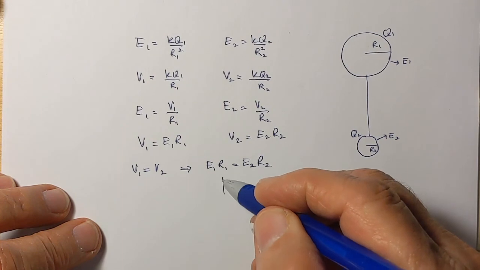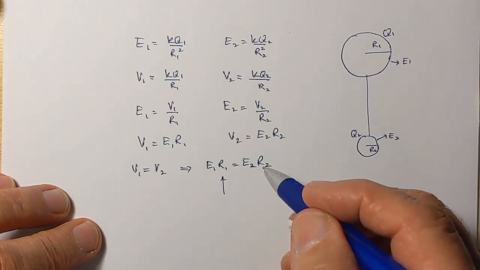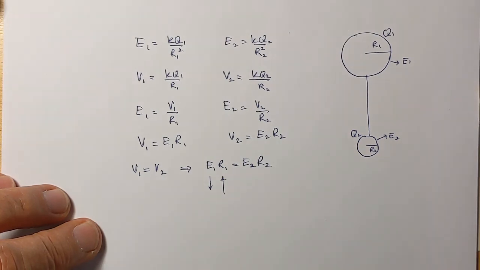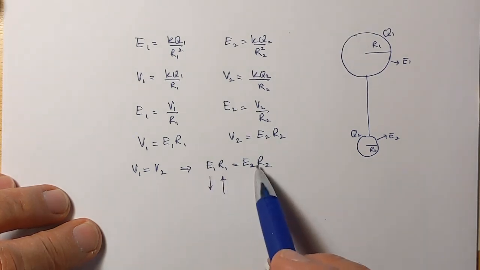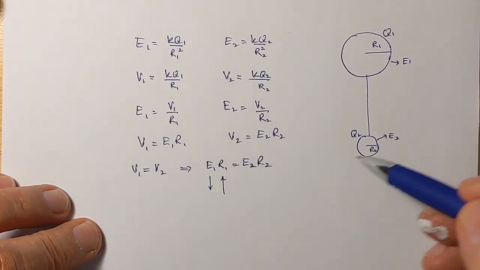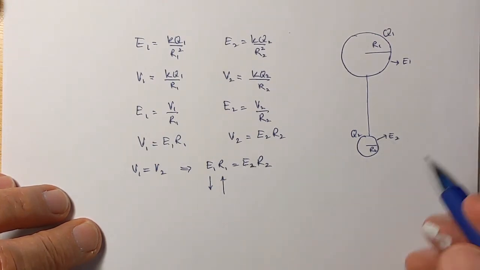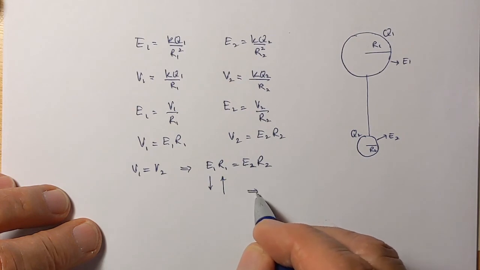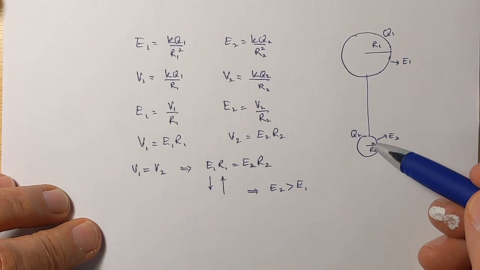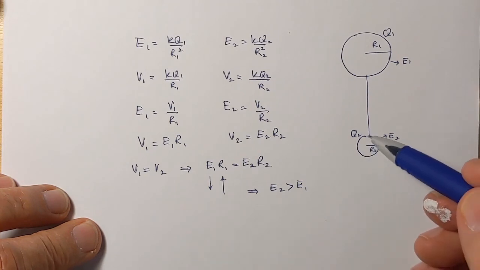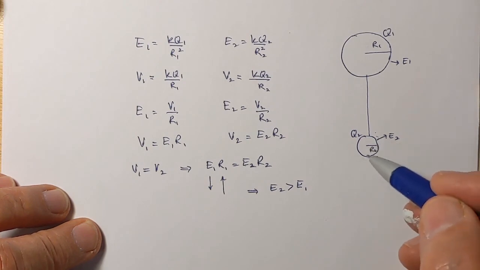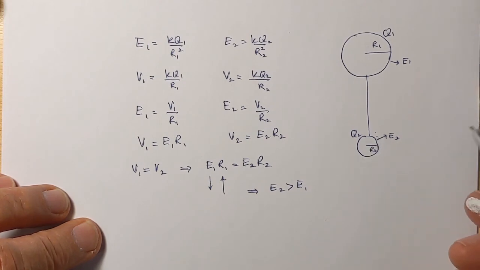Now R1 is bigger than R2, therefore E1 must be smaller than E2. It's because the product has to remain the same. So if R2 gets smaller, E2 has to get bigger. This means that E2 is greater than E1. So the smaller radius sphere has a greater electric field, and the smaller the radius gets, the bigger the electric field gets.